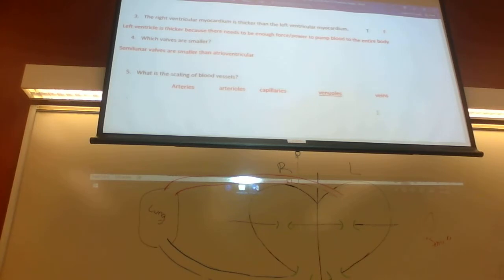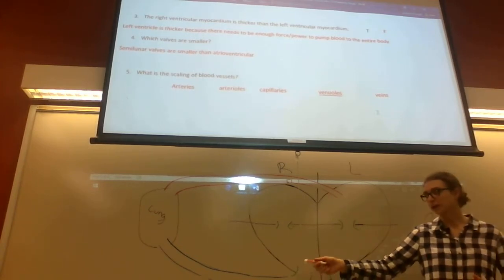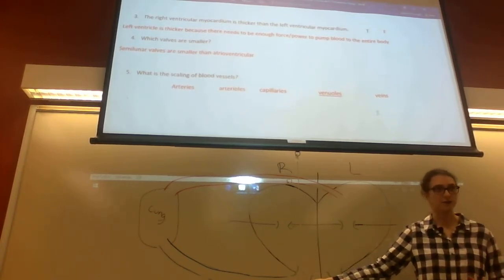They're just smaller. And then to scale blood vessels, you have your arteries, which, except in the heart, mean away from the heart. So this pulmonary artery is going to have deoxygenated blood.